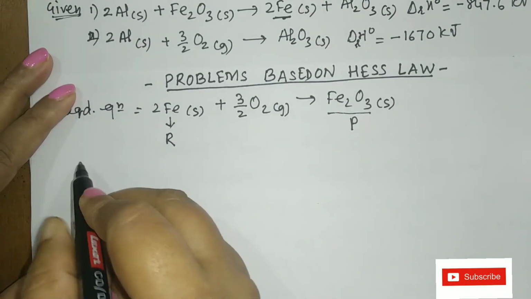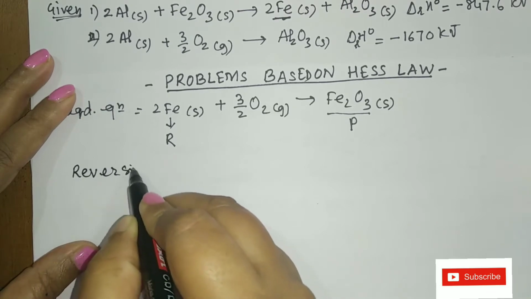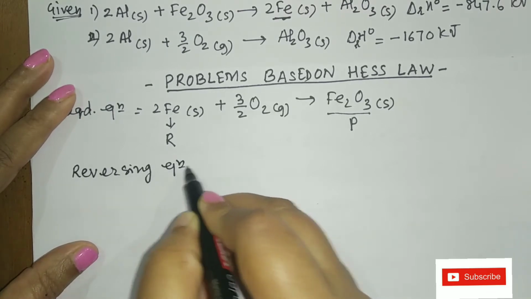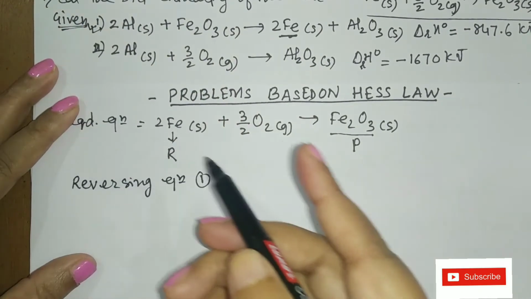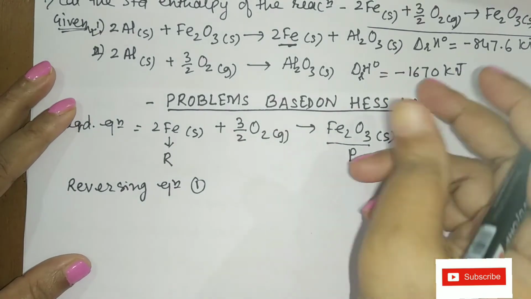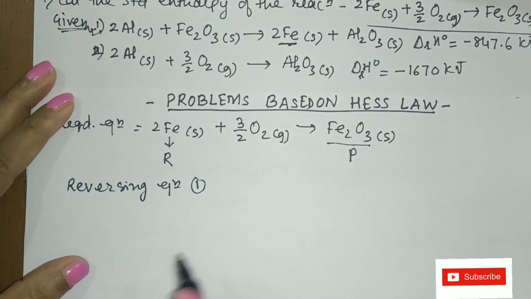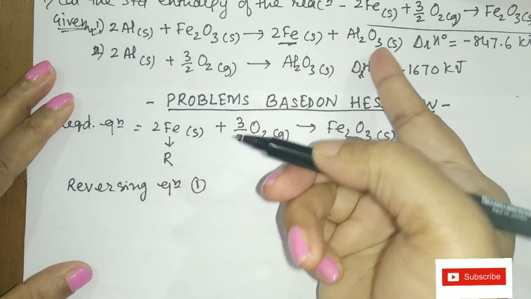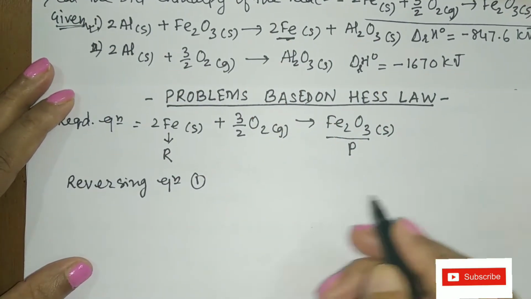So I will write here: reversing equation 1. So this is the first equation, I am reversing it. Now students, when I say you are reversing the equation, what you are doing is making the products reactants and the reactants products. So simply write the products on this side and the reactants on this side. That is what reversing the equation is.